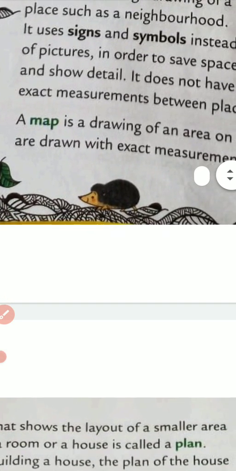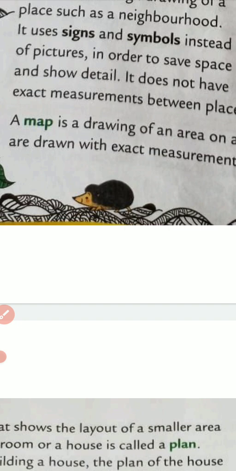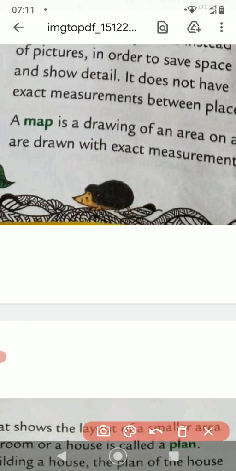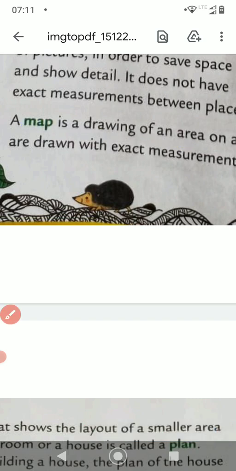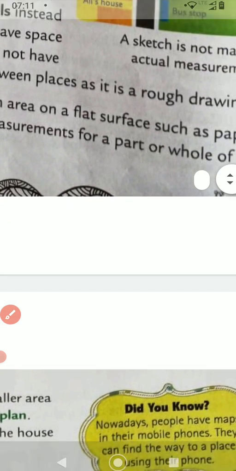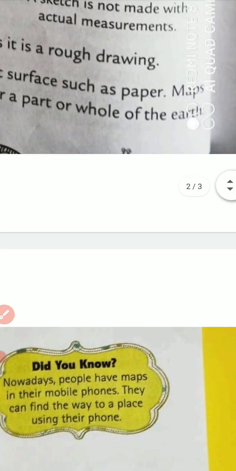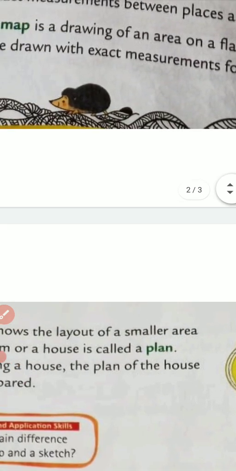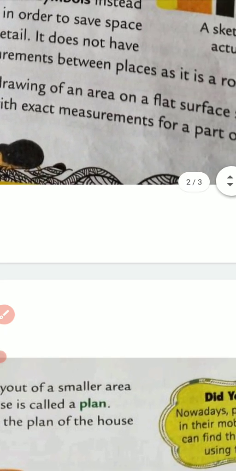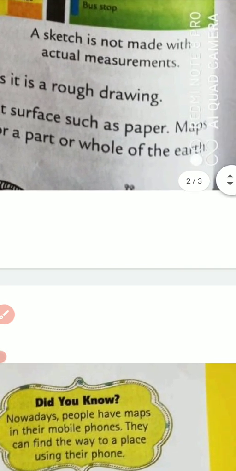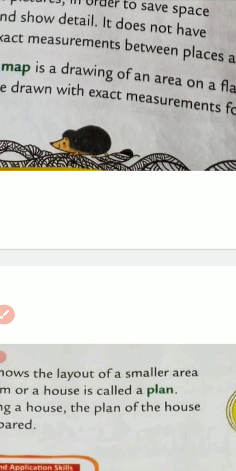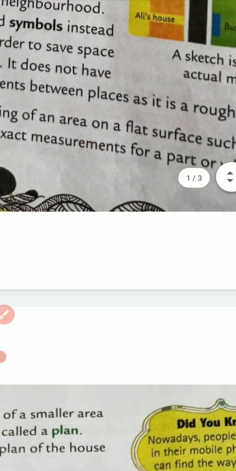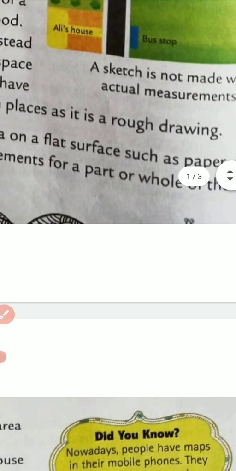Now, moving to map. What is a map? A map is a drawing of an area on a flat surface such as paper. Maps are drawn with exact measurements for a part or whole of the earth.